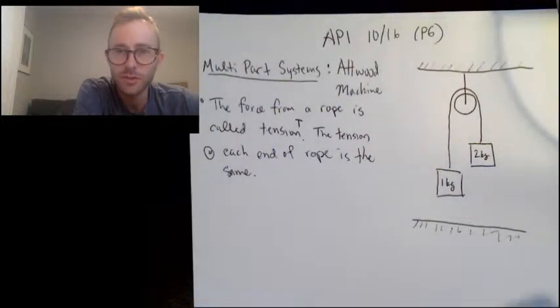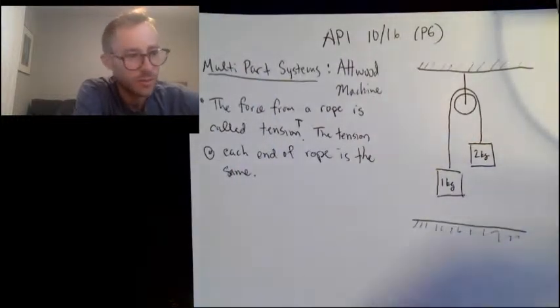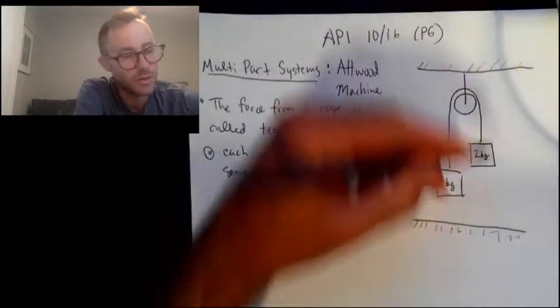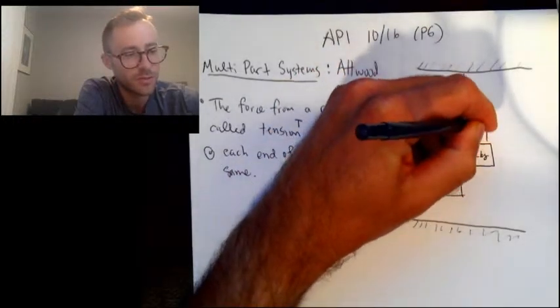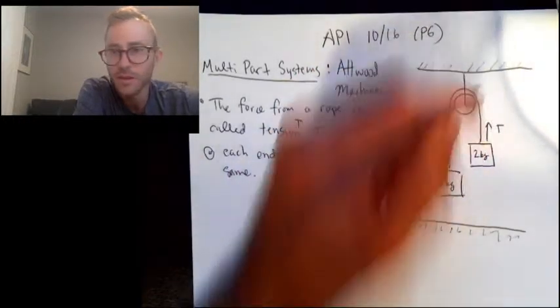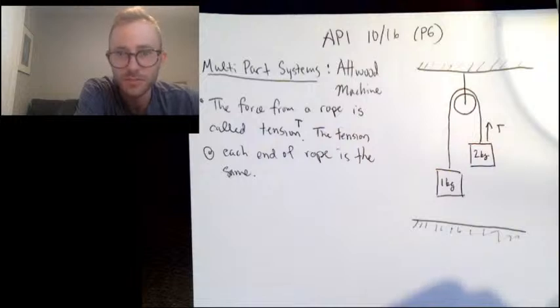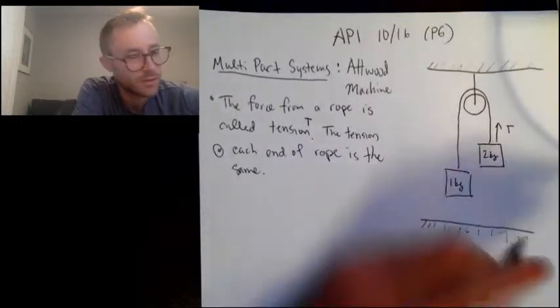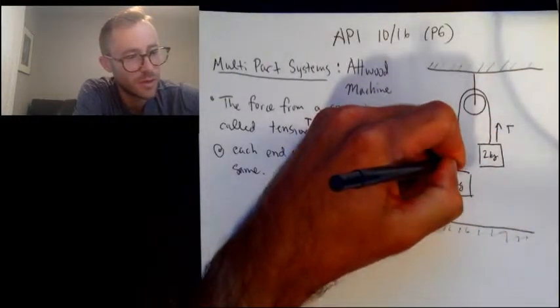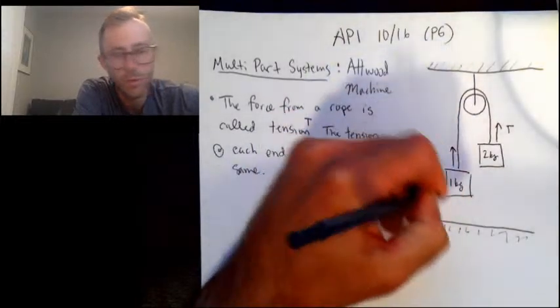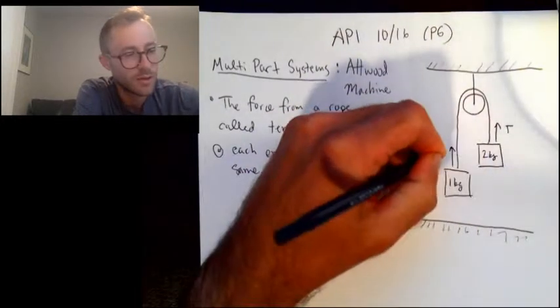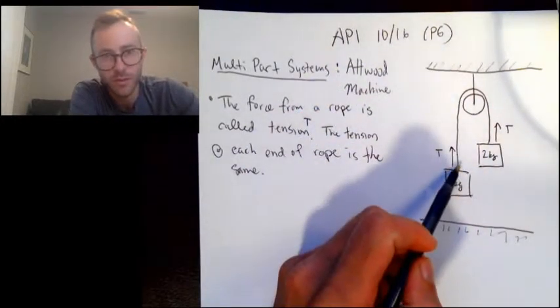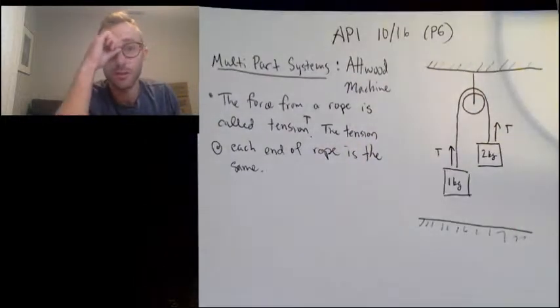So if, for example, this rope right here is pulling up on the 2 kilogram mass with some tension T, that same tension is going to be pulling upward on the 1 kilogram mass, okay? So the tension at one end of the rope is the same as the tension at the other end of the rope.